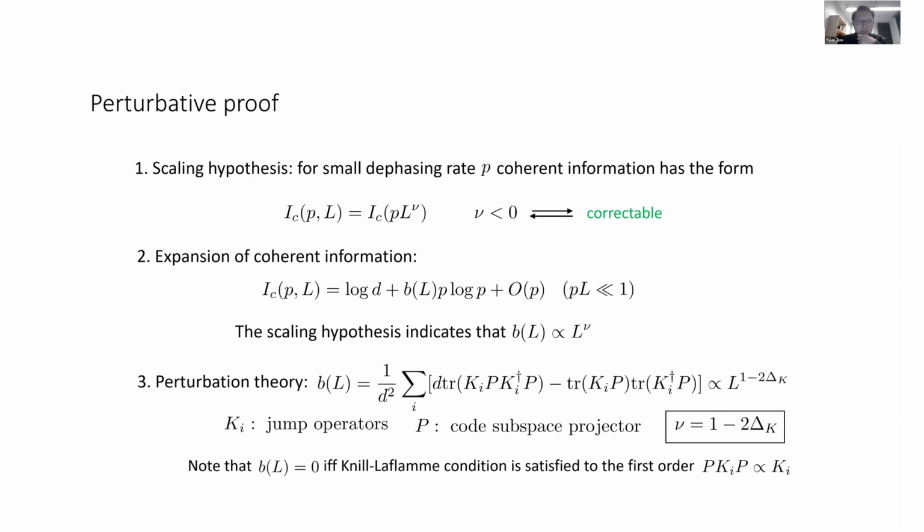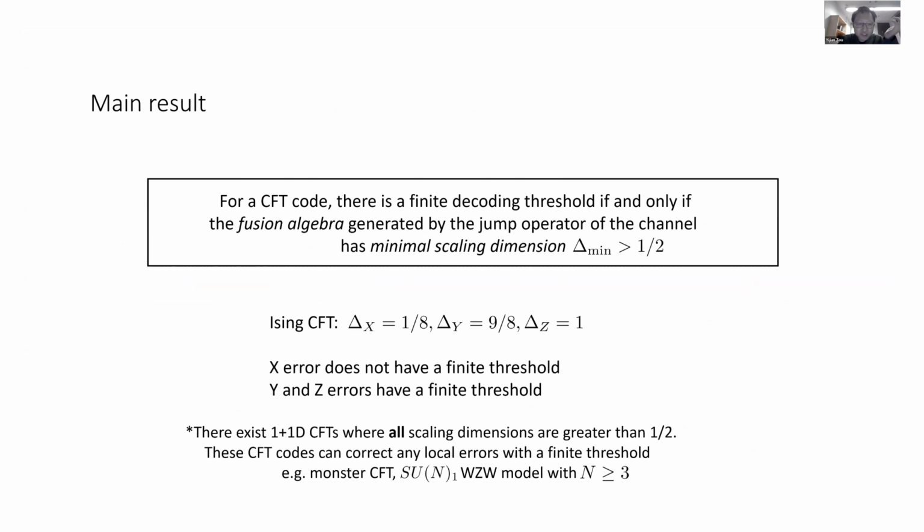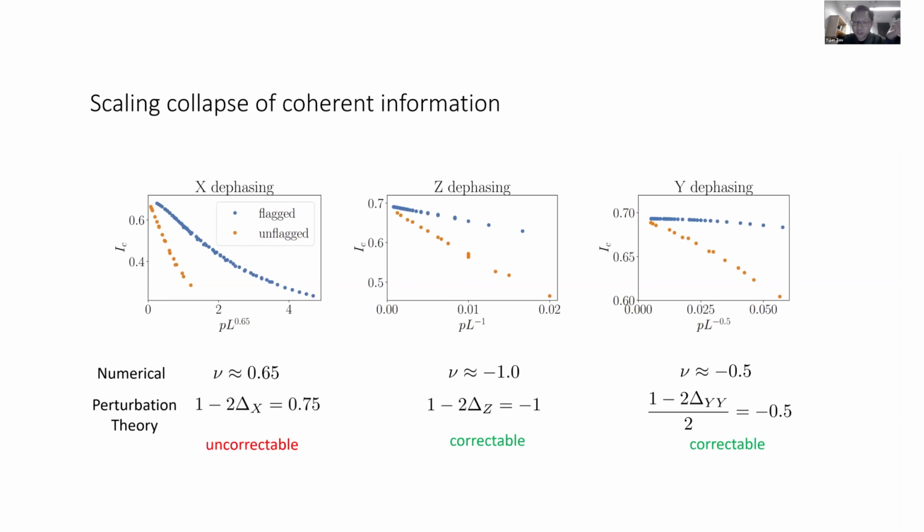Okay, so I'm going a little bit over time, so let me mention that this main result is tested on the Ising model, and you get something called scaling collapse of coherent information. Depending on whether you get a positive exponent or negative exponent in your scaling collapse, you get either an uncorrectable or a correctable error.